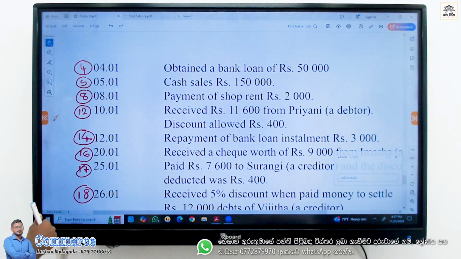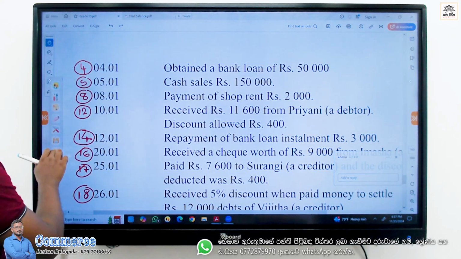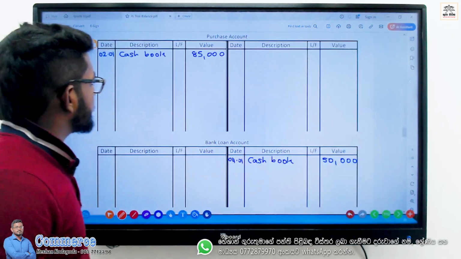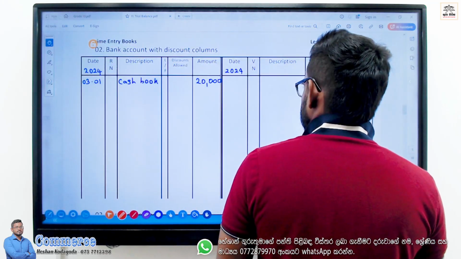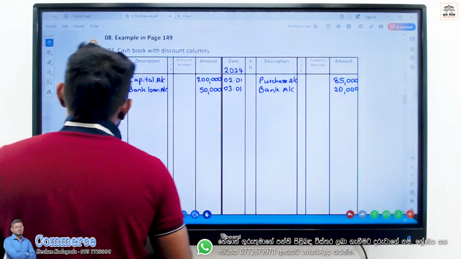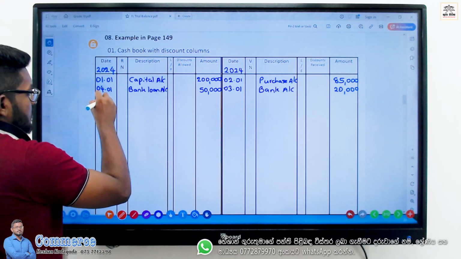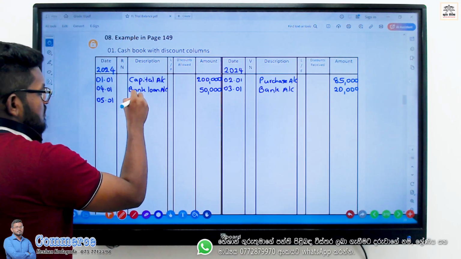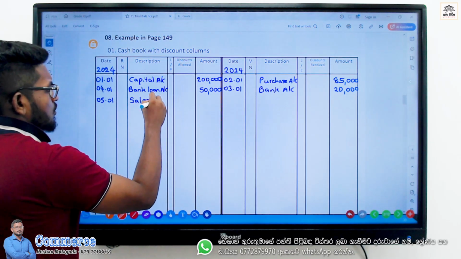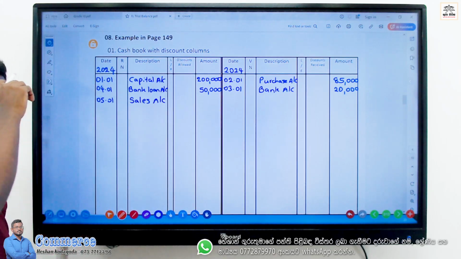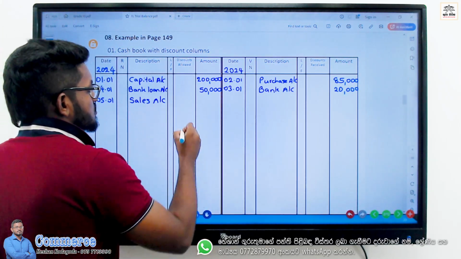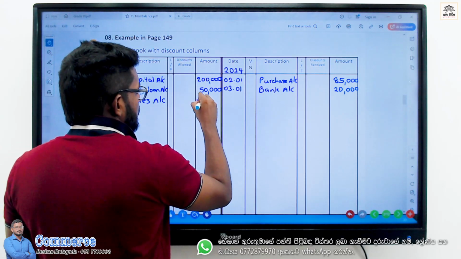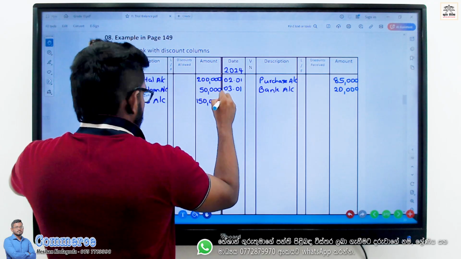So 5th of January 150,000. 5th of January, sales account. How much? I can't remember the amount. What is the amount, guys? 150,000. Right?